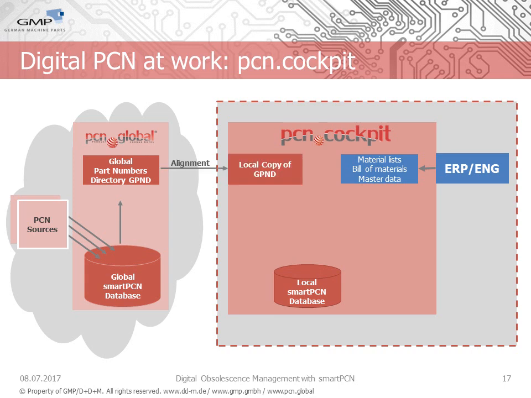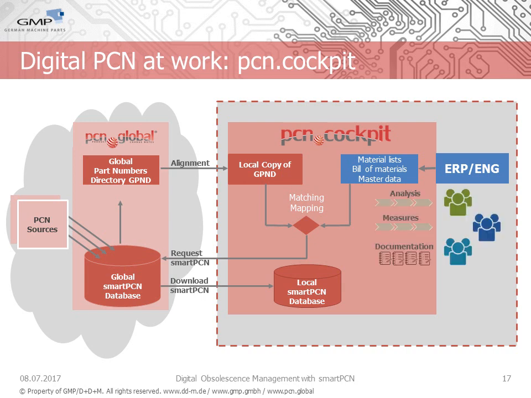The PCN Global database sends information about all stored part numbers to the PCN cockpit. With that information, the PCN cockpit is able to search for matches and can do a mapping between the different data. In case there is a fit, the related smart PCN is downloaded into the local database.